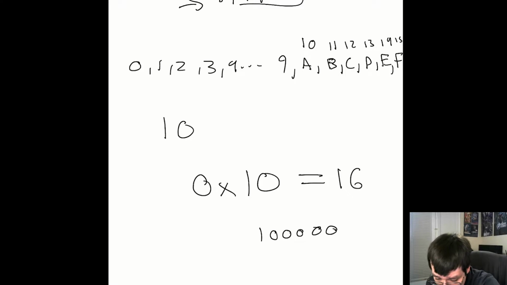The point is, you've got to make sure you understand that when you see 10 there, that's not a 10. That's actually hex 10, which is 16 in base 10.